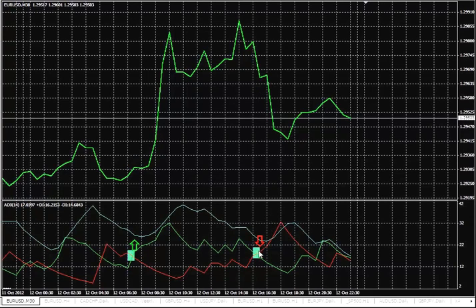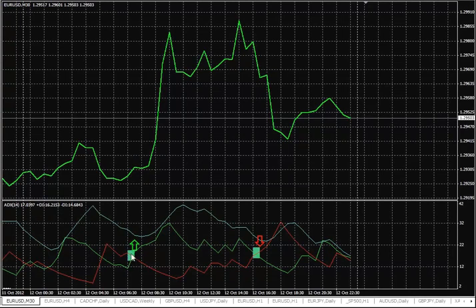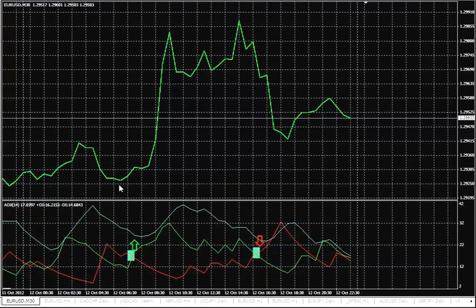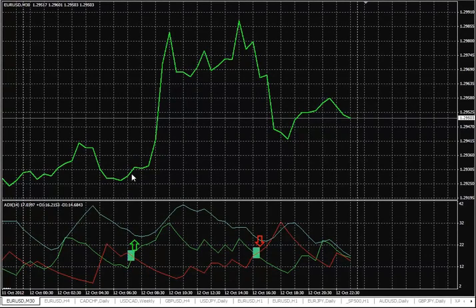So if you see a crossover here which is bearish, and at the same time you see such an acute angle here, jump in. If you see a crossover here with a directional change, which is not acute here but is a directional change, jump in.